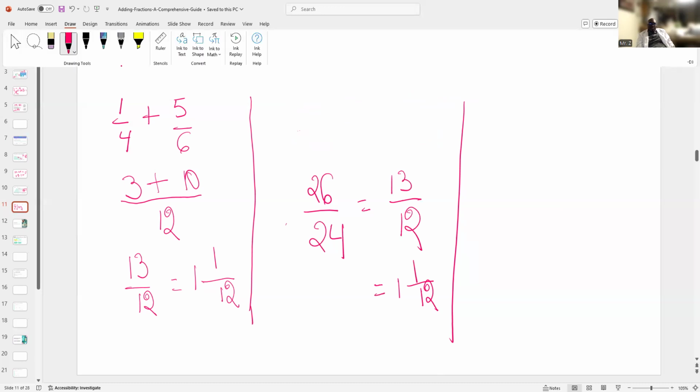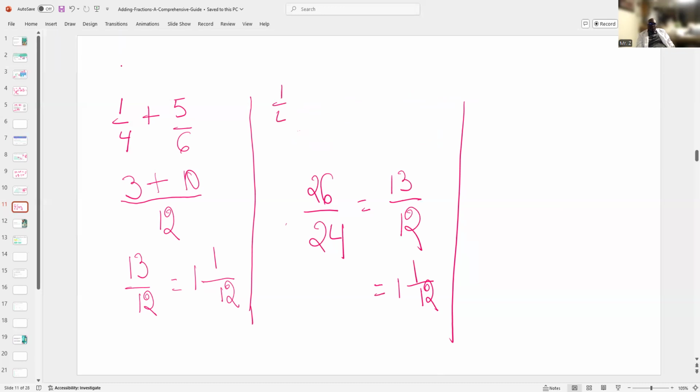You just have to learn one method and stick with it. Step number 1, multiply the denominators together, 4 and 6. I got 24.